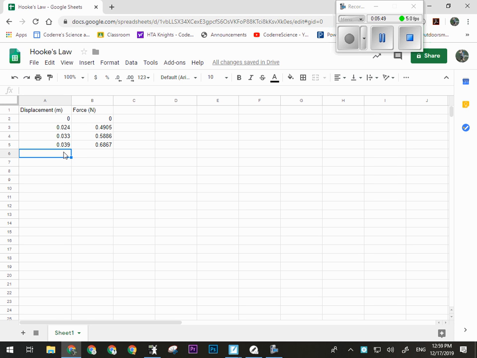Is this looking like it's fairly linear? Fairly, right? So far, anyway. I'm going to put another 10 grams on there.